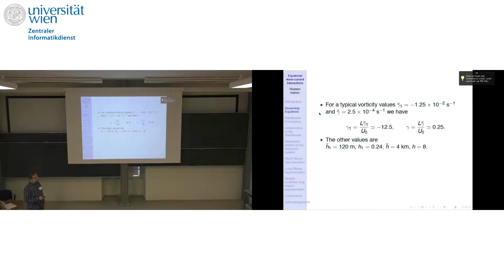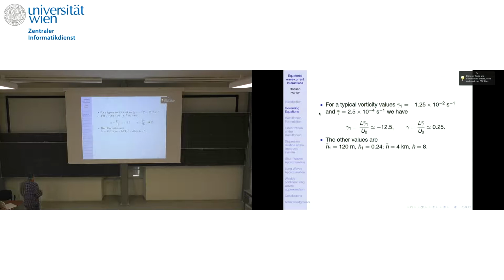Well, it is just a scale that we can fix a priori. We can think of it as the length scale of the wavelength of the waves that we consider, for example, or the horizontal size of the structures that we have.